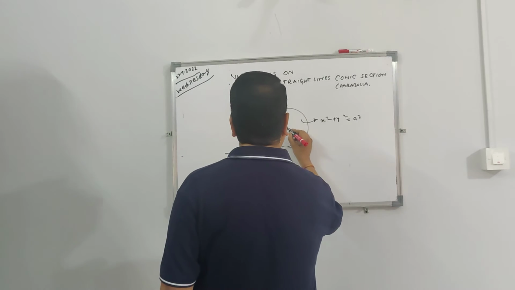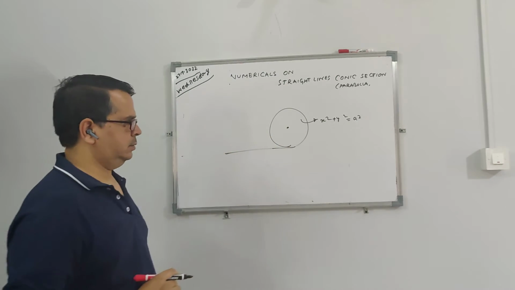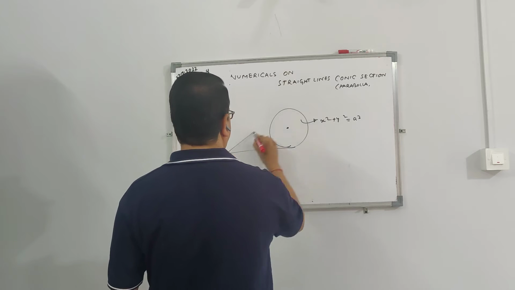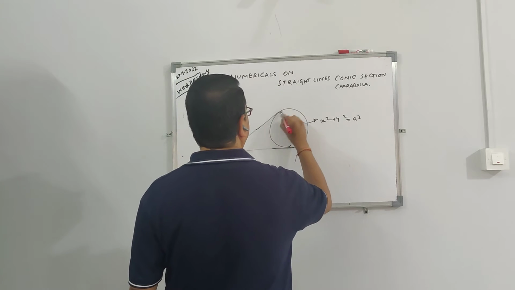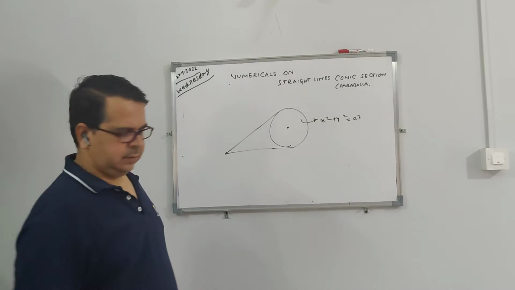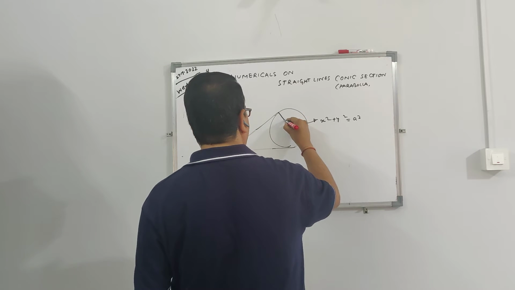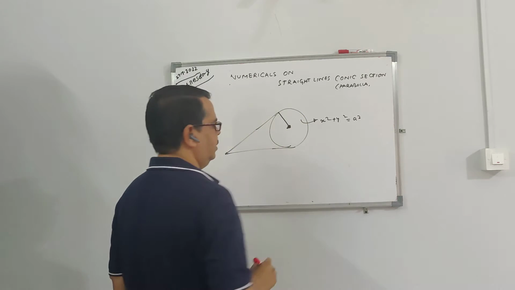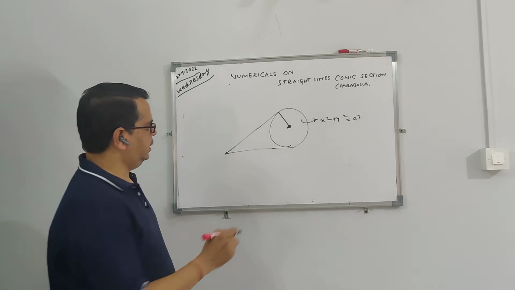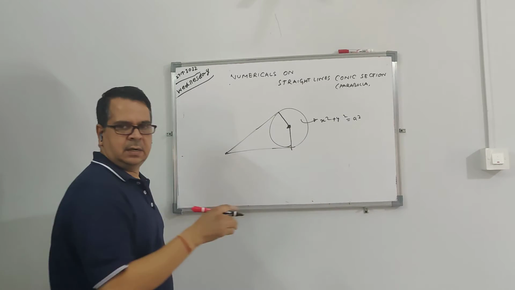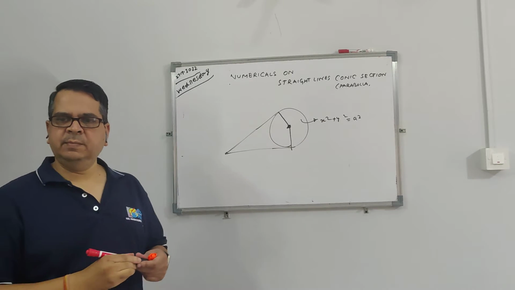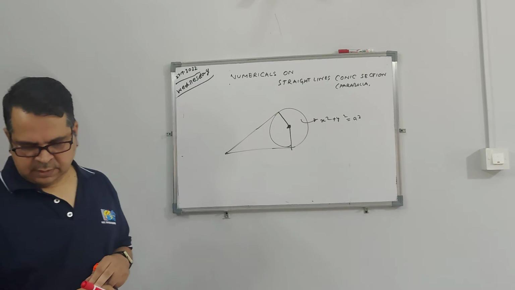So you have a tangent like this, okay? So you just draw a perpendicular, and then here it will be kind of this. The tangent will be perpendicular to the radius, okay?